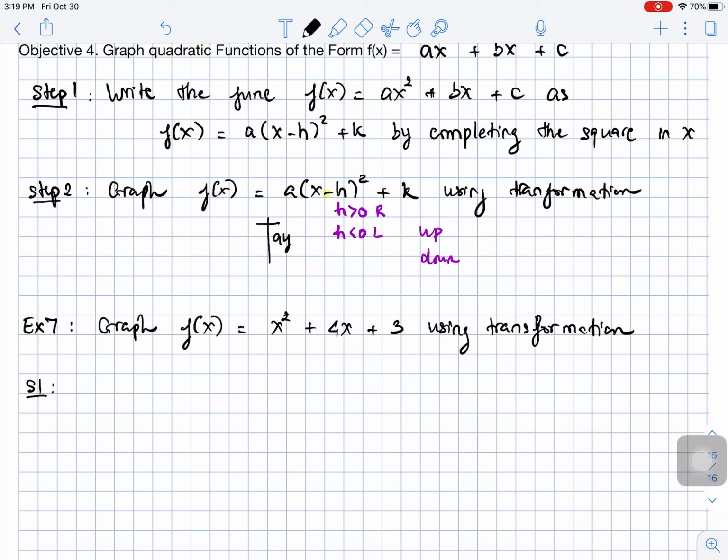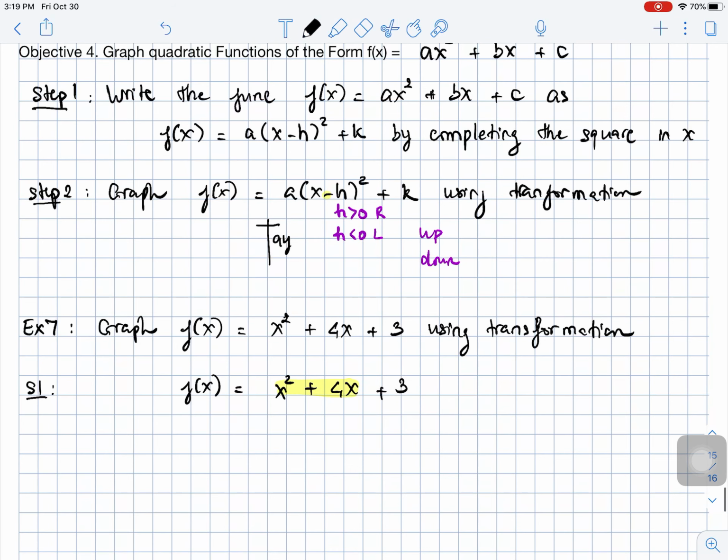Now, example number 7, we want to graph f of x equal x squared plus 4x plus 3. This is a quadratic function, but it is in the form of ax squared plus bx plus c. We need step number 1 to use the transformation. We need to have the a, the h, and the k.